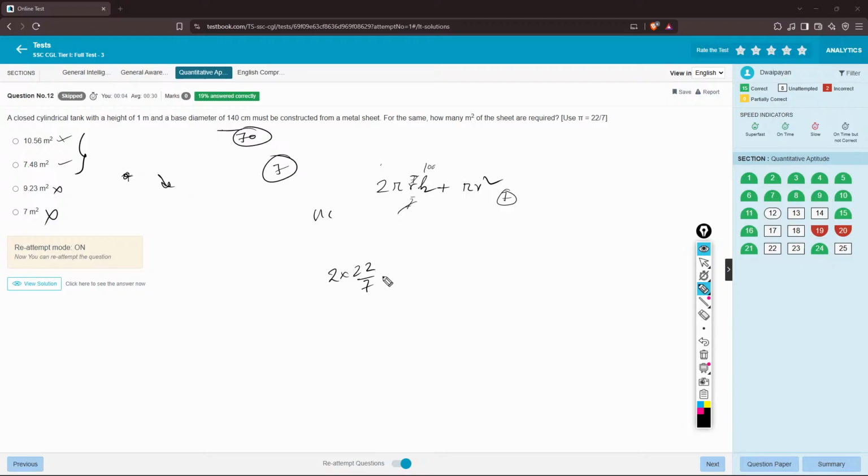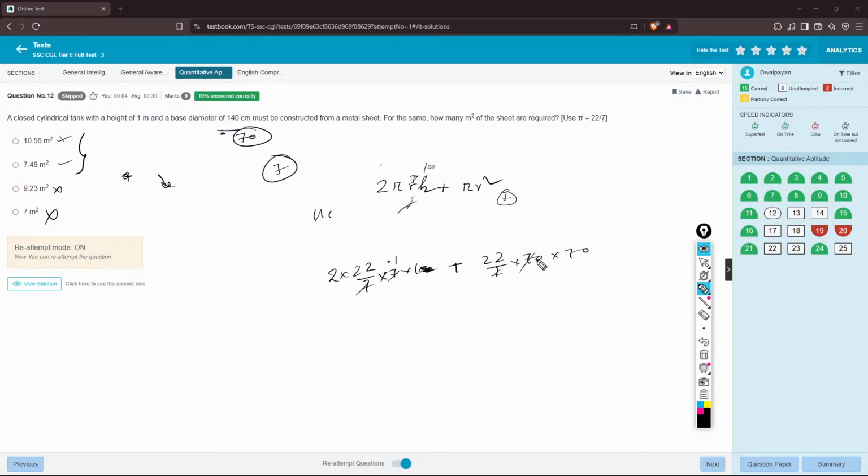2 times this times 7 times this plus 70 into 70. I'll just bring them back to meters. So 0.7. Okay. And this is 0.1.